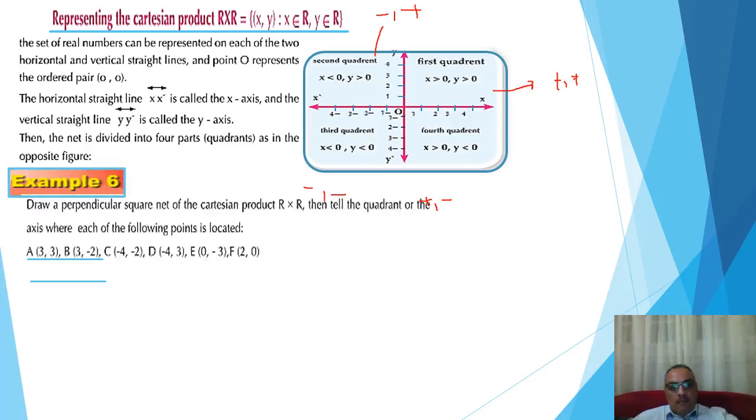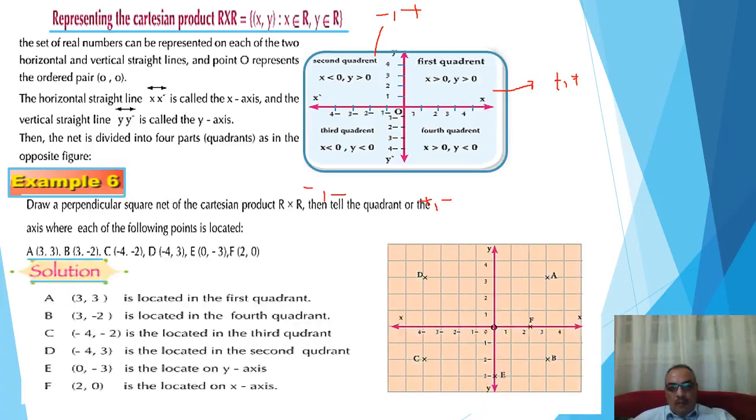For example, draw the perpendicular square net of the Cartesian product R product R, then tell the quadrant or the axis where each of the following points is located. The first point (3, 3), second (3, -2), and so on.